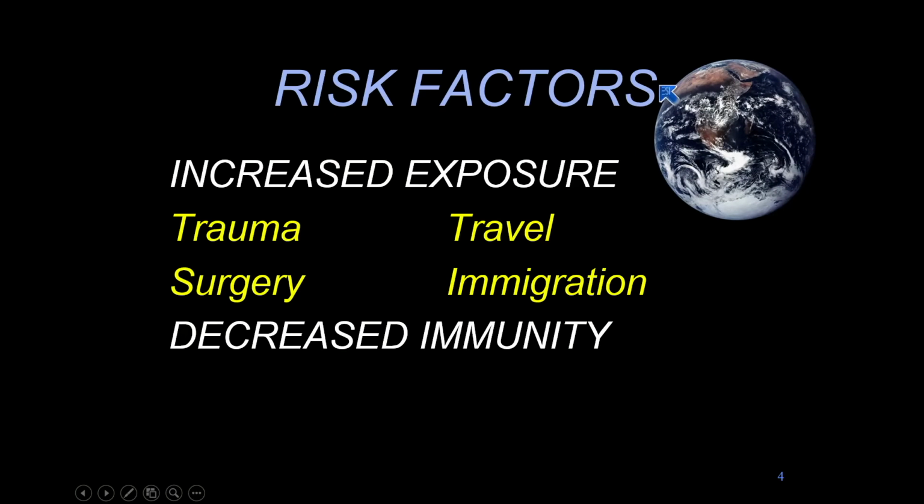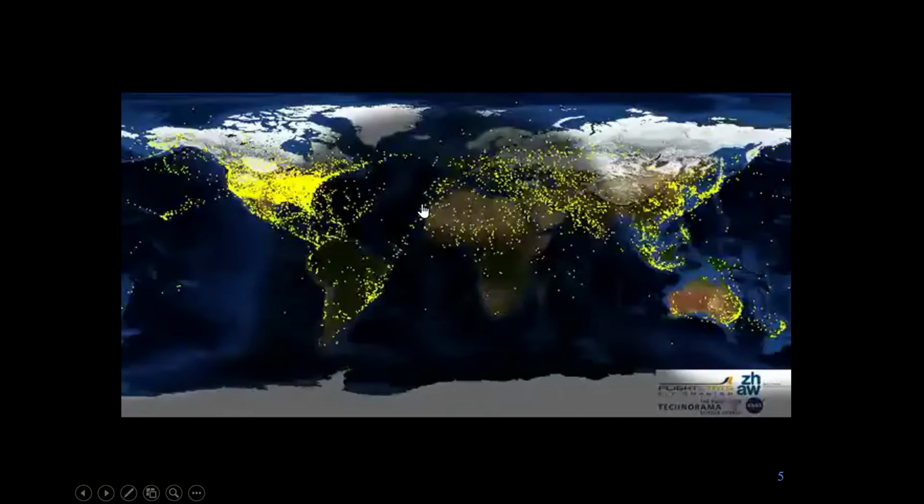Now, a lot of factors now globally affect our increased risk for acquiring these. One of them is increased exposure through trauma, more surgical techniques being performed. Travel and immigration is a huge one, and also decreased immunity for a number of factors. On the travel and immigration side, here's a global travel map showing you the flight patterns.